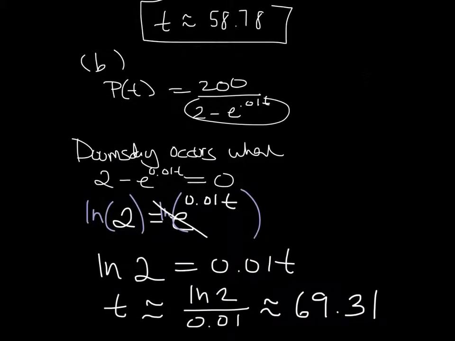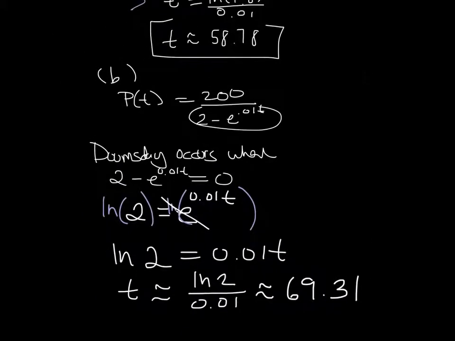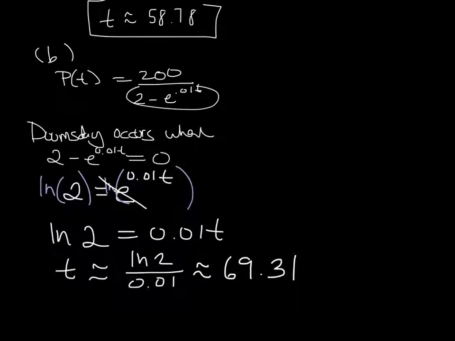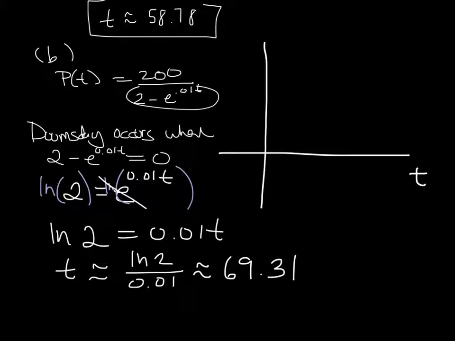And if you graph this, we have an exponential function. So I'm going to do a quick sketch here. I'm just going to punch P of t into my calculator really quick.